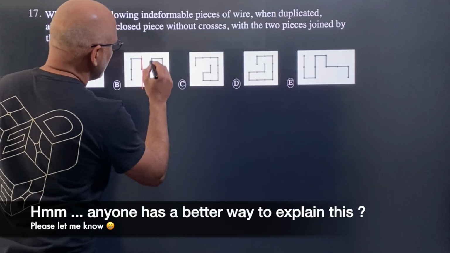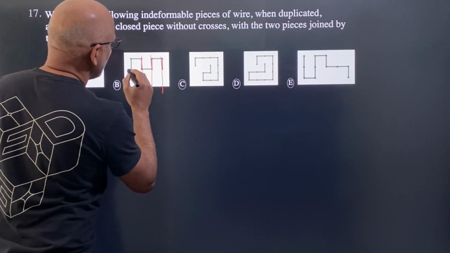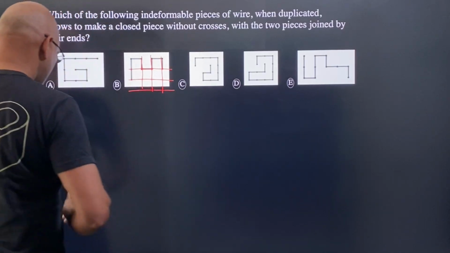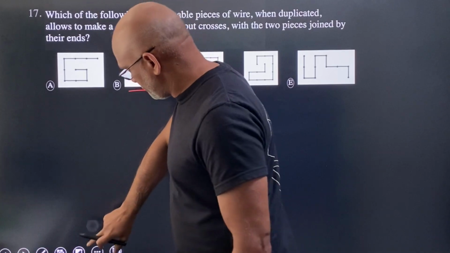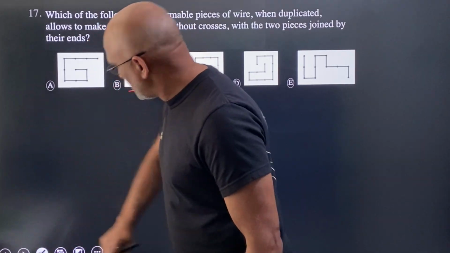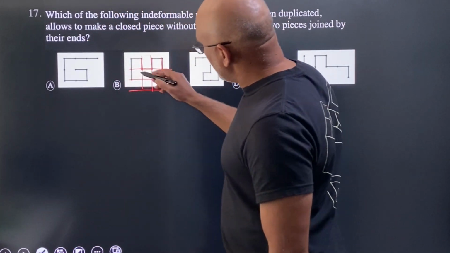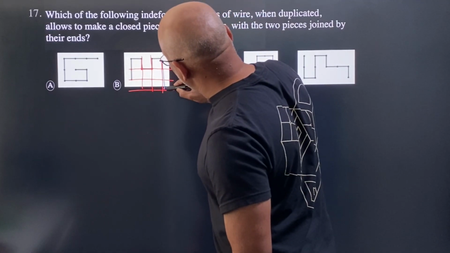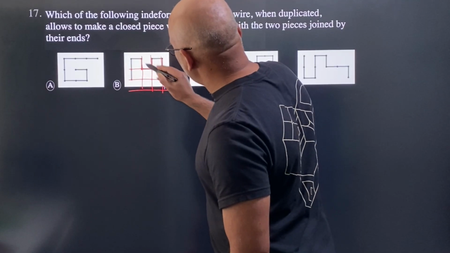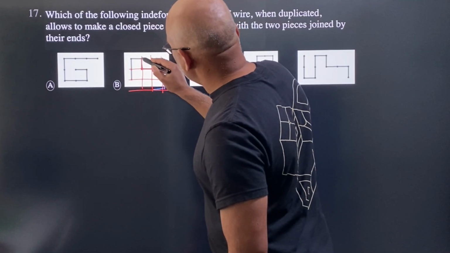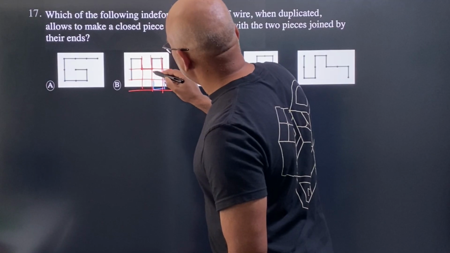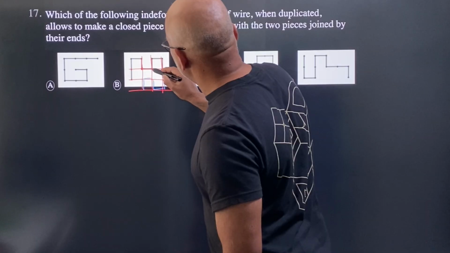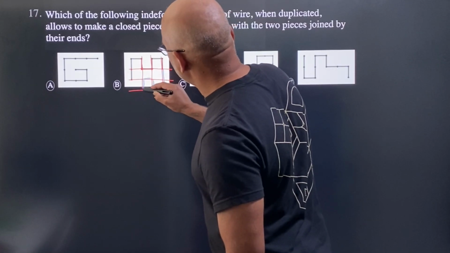Let's see. Okay, let me change the color. Okay, so I want this end to go like this here, and then one like this, one like this, then this, this, this.